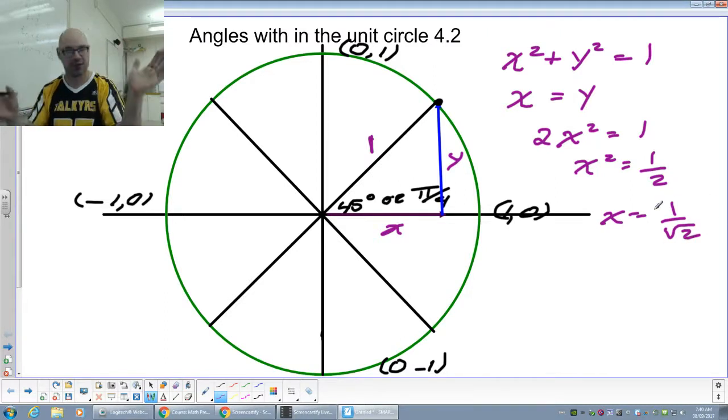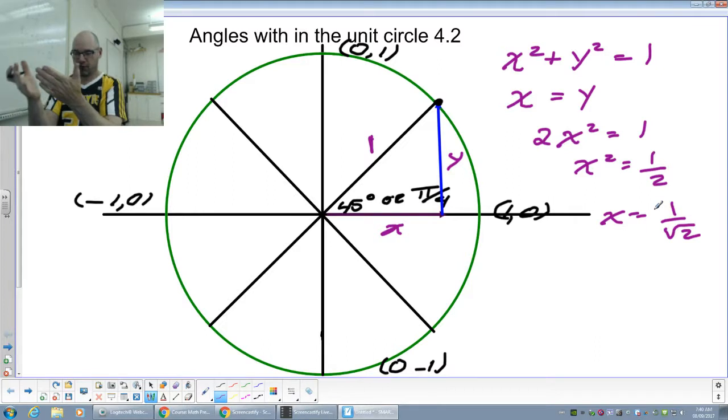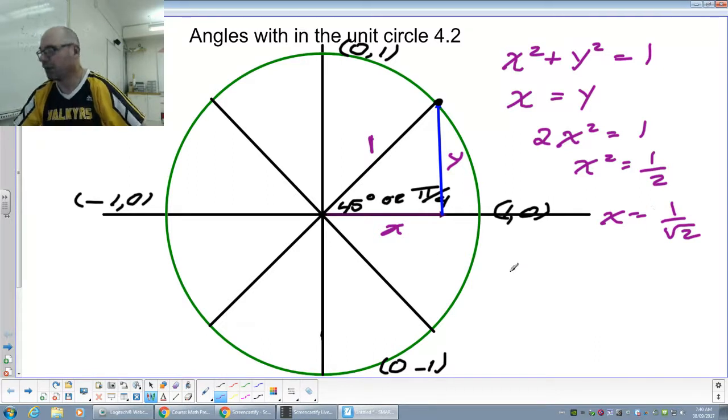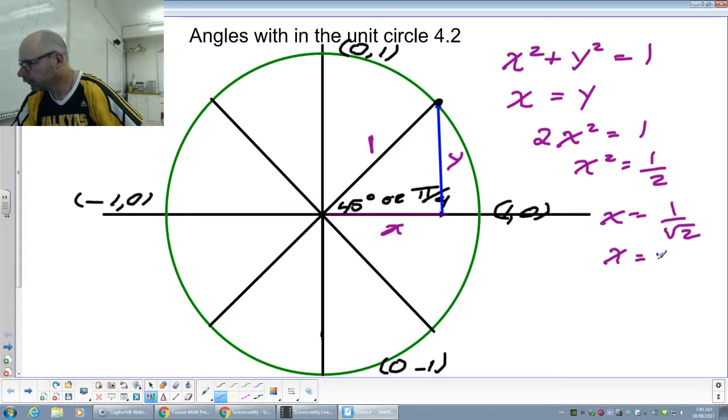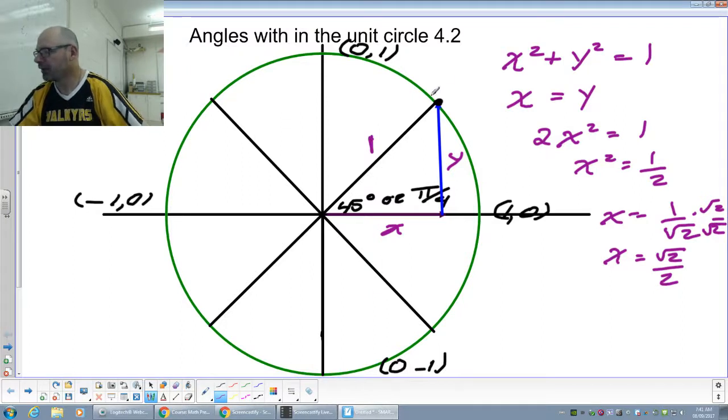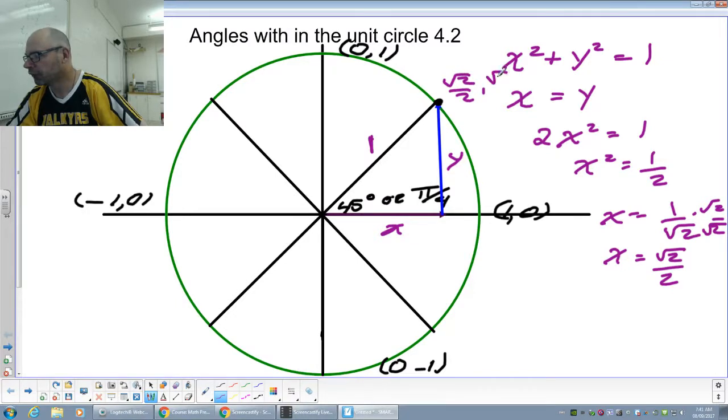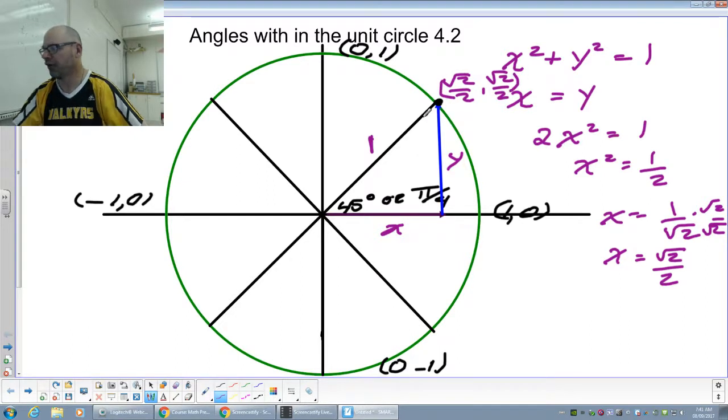We want it to be rationalized. So if we rationalize that, x would equal root 2 over 2. Multiply both by root 2 over 2 to rationalize. Okay, so that tells me that the x point here and the y point there is root 2 over 2 and root 2 over 2, because x and y are equal in the 45-45 triangle.